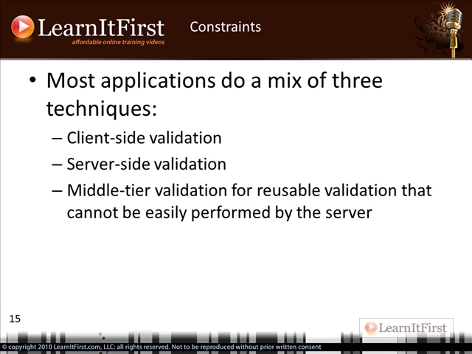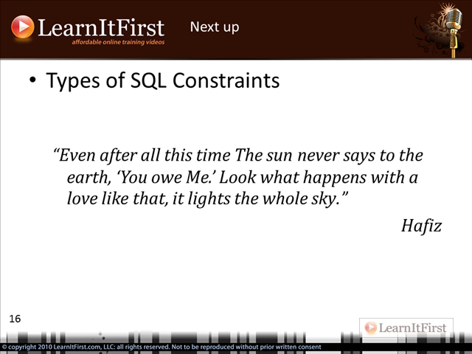And then the middle tier is perfect for reusable validation, specifically for things that can't easily be done by SQL Server. And we'll talk more about those when we get to CLR. Okay, I kind of feel like I led you halfway down this path, so let's come back in the next video and finish this up.